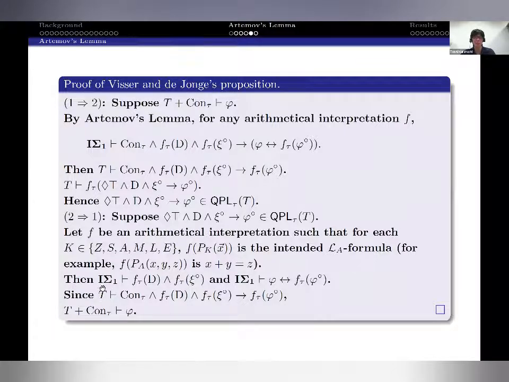Since from the supposition, we have that T proves con tau and F tau of D and F tau of xi circle implies F tau of phi circle. So I sigma 1 proves this sentence, and this sentence is equivalent to phi. So we have that T plus con tau proves phi.